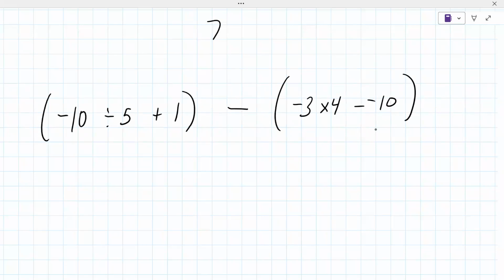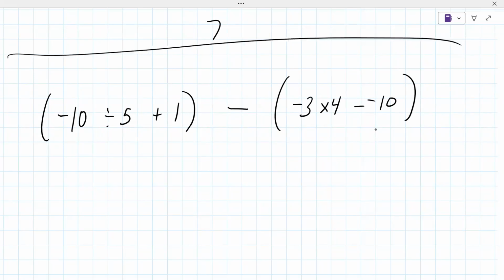All right, go ahead and try this one for me, please. Parentheses 10 divided by 5 plus 1, subtract negative 3 times 4 plus 10. So you do the division first, and then the multiplication.